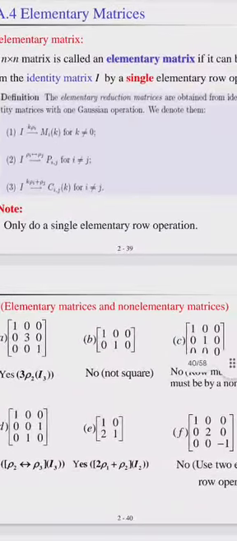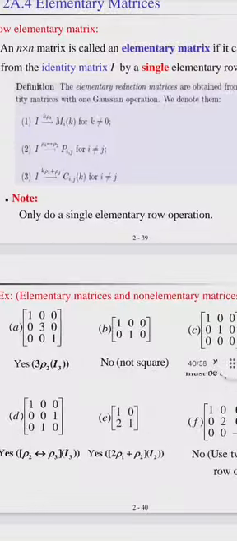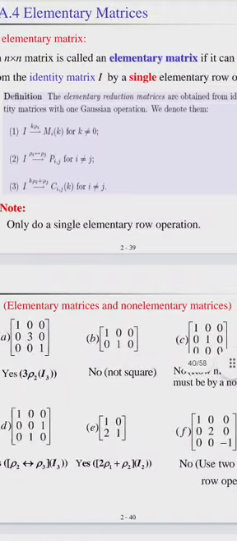The definition: the elementary reduction matrices are obtained from identity matrices with one Gaussian operation. We denote them. First, identity matrix I_n, k times row i, denoted Mi of k, for k not equal to 0.